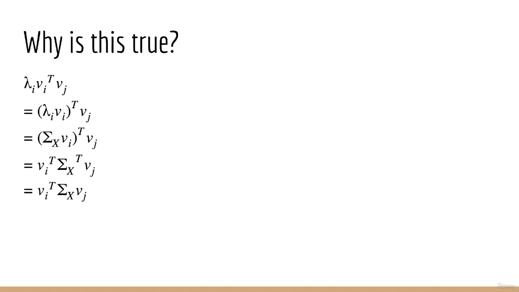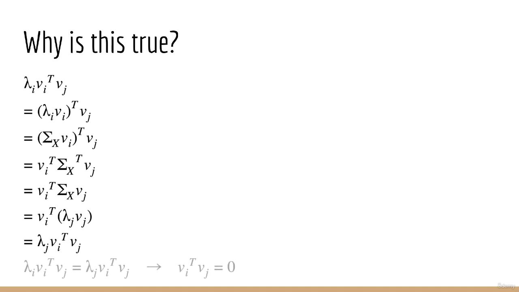Then, we recognize that sigma times v sub j is also an opportunity to plug in an eigenvalue. Specifically, it's just lambda j times v sub j. So we've discovered that lambda sub i times v sub i transpose times v sub j is equal to lambda sub j times v sub i transpose times v sub j.